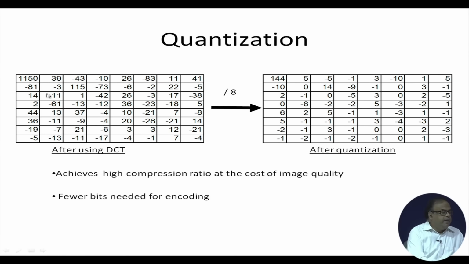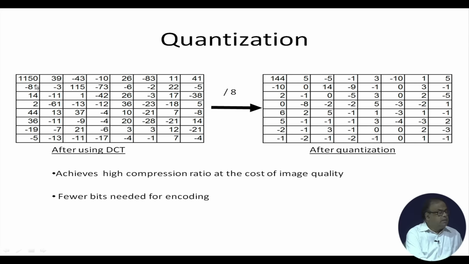Here if I divide each of these elements by 2 raised to 3, that means 8, I will get such values. You can see 1150 divided by 8 is not exactly 144, and 39 divided by 8 is 4 point something, but we make it to the nearest rounding. So, it is 5. So, after quantization I get this.